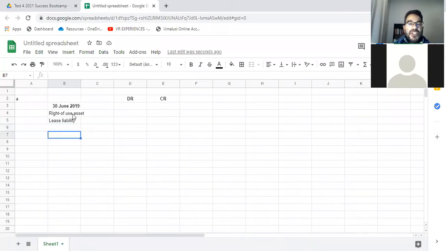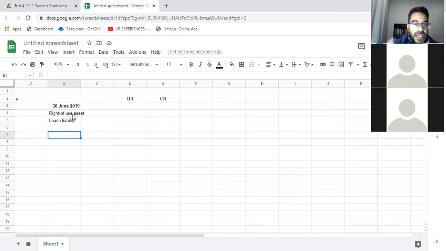Then I'm going to have my subsequent measurement. Subsequent measurement is the depreciation, the lease payment, and then the variable lease payment. We're going to have subsequent measurement on the right of use asset as well as on the lease liability.